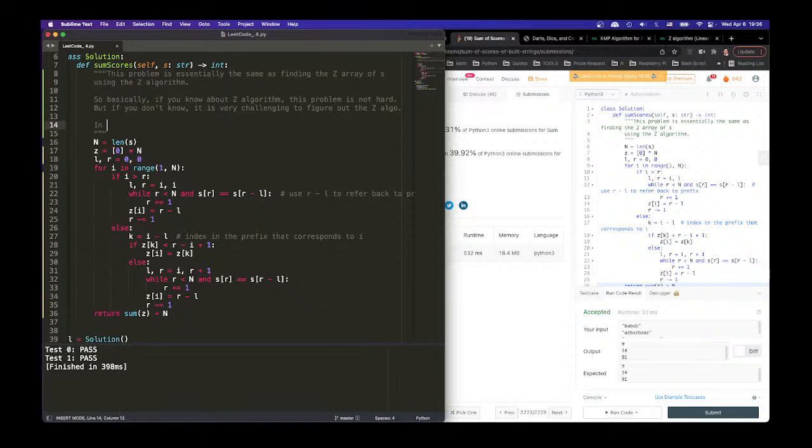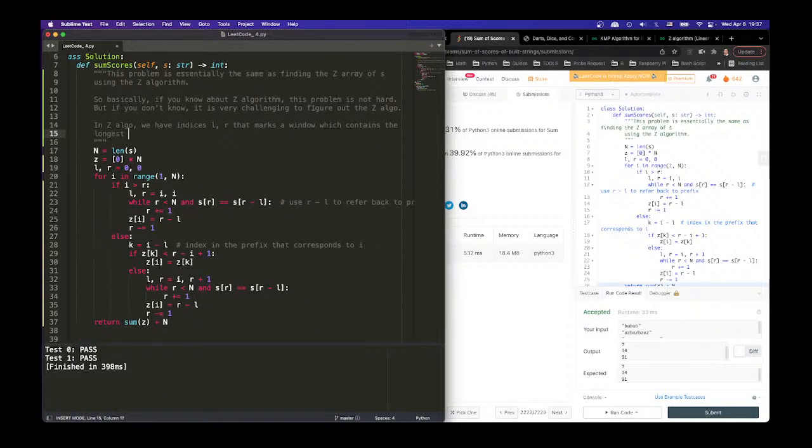So in Z algo, we have LR that maps to the LR indices, that marks a window which contains the longest substring that is also part of the prefix at the moment.